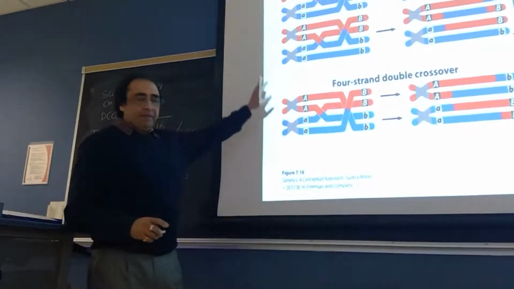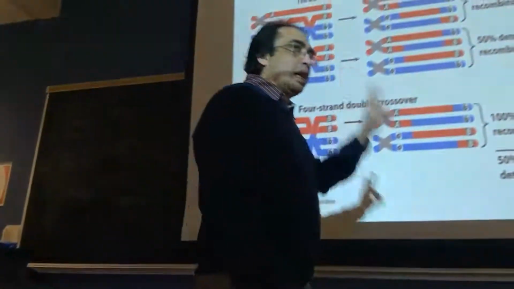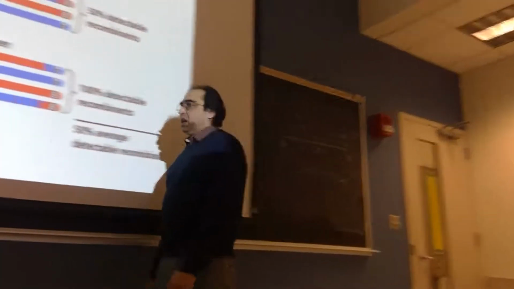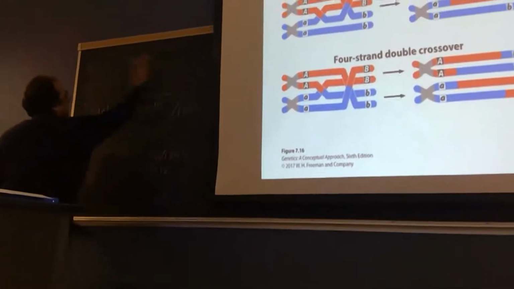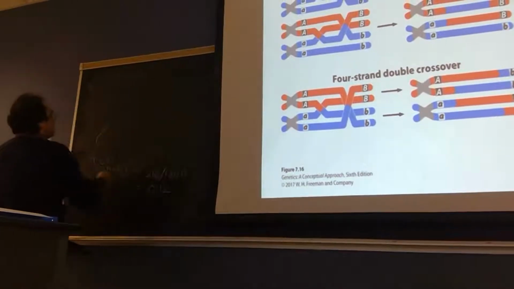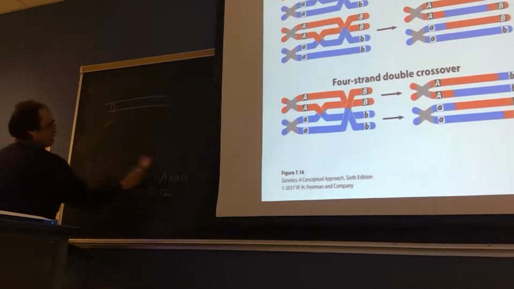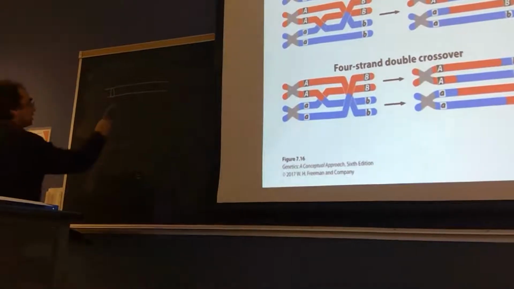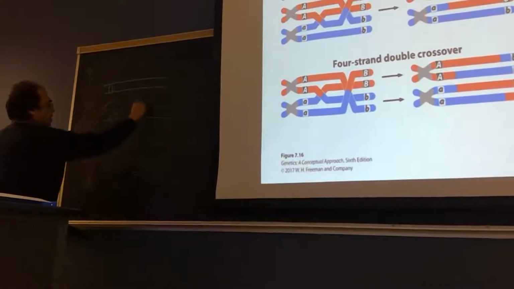Now, crossovers can be between two homologous chromosomes and non-sister chromatids. Now, the crossover could be between just two chromatids side by side. So if this is one chromosome and this is another one, the crossover could be between these two.